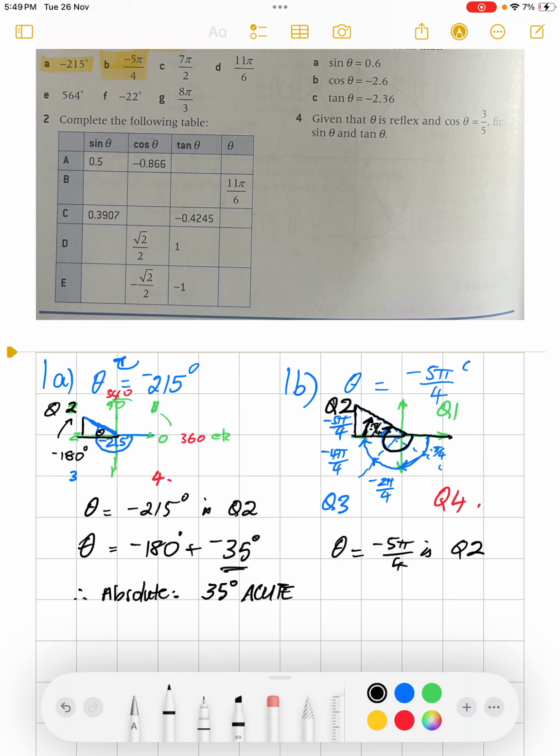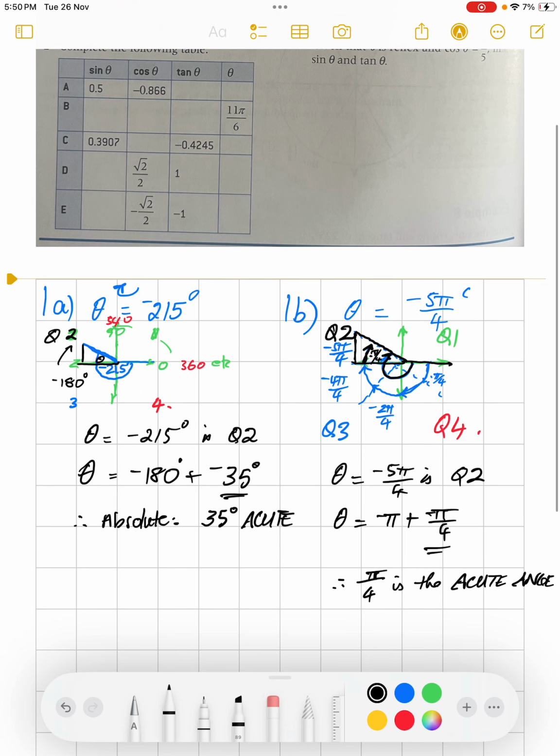So theta is negative pi plus another negative pi over 4. So really, this is the acute angle. Therefore, pi over 4 is the acute angle that we're dealing with, to the x-axis.